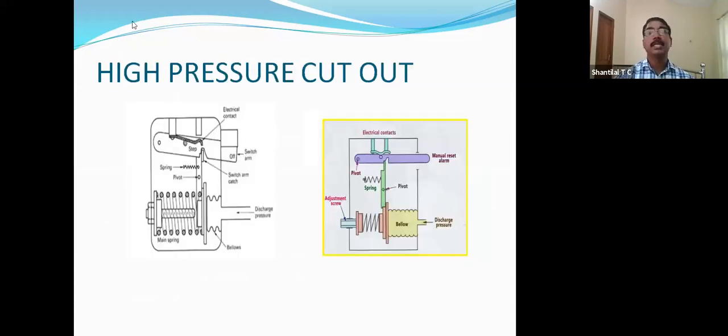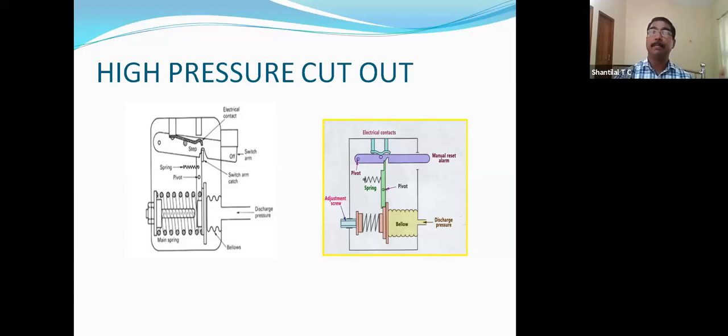So this is the simple internal sketch of the high pressure cutout, and this is the bellow, and this is the pivot and spring and adjustment screw, and these are the contact points. See, here two figures will be there, and these contact points are connected in series with the compressor motor, and this bellow is connected to the discharge line of the system.